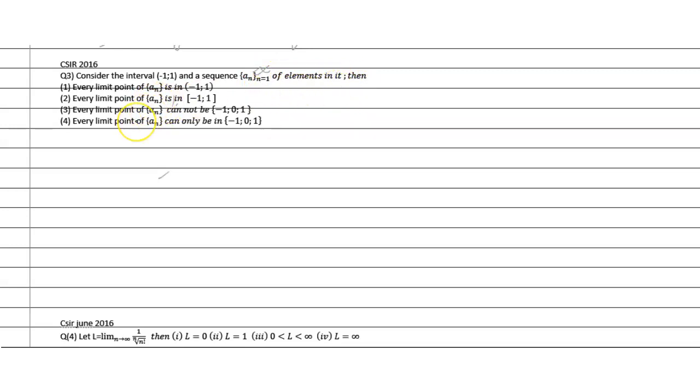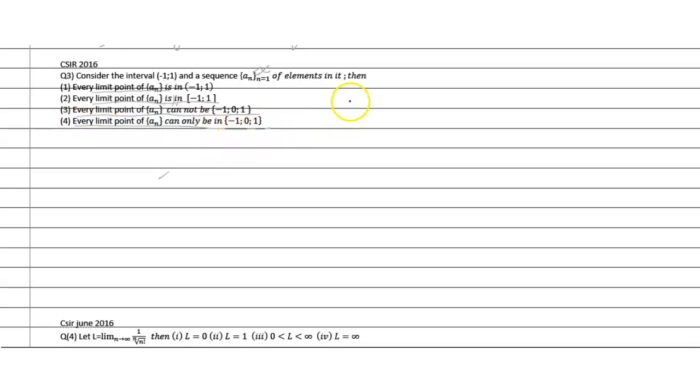Then every limit point of a_n is in (-1, 1). This is the sequence.